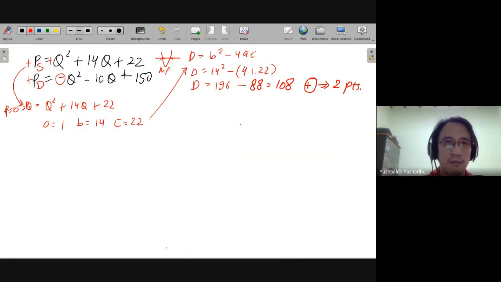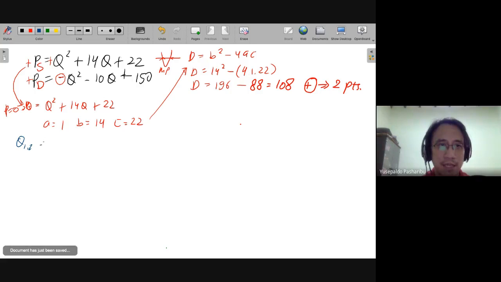And then the other one, maybe we will try to solve this part first, the detail first. The maximum point, I will calculate it using factorization, or you can use the formula Q1,2 equals minus B plus minus square root of B squared minus 4AC, divided by 2A.